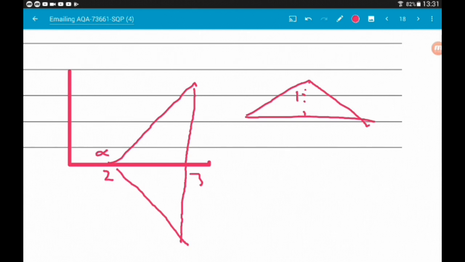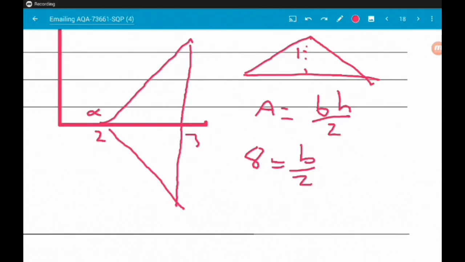The area is base times height divided by 2. So from that we know that 8 is equal to the base divided by 2. Therefore, the base is equal to 16.